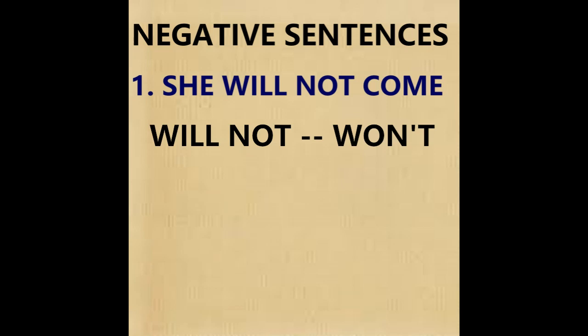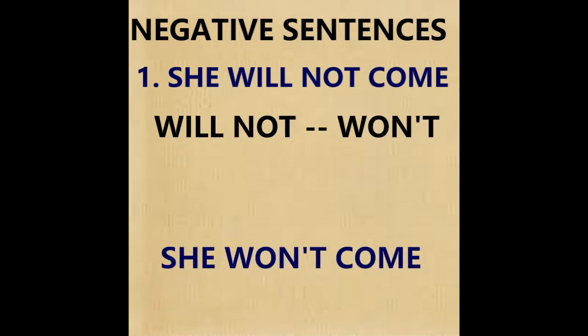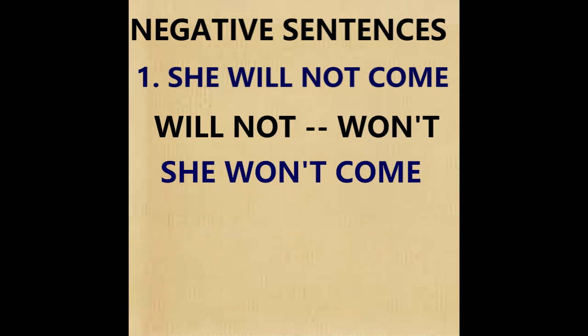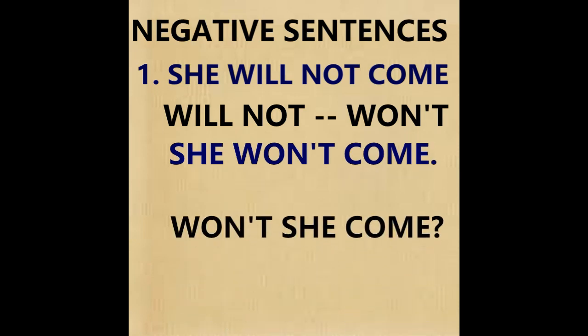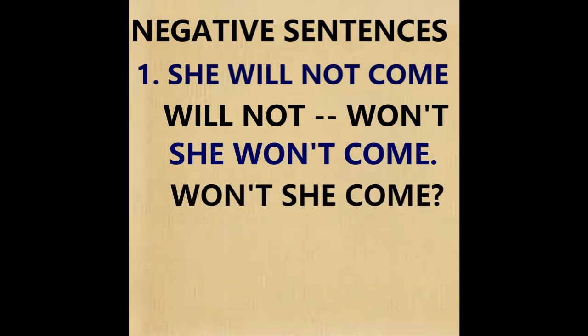Can plus not, can't. So here the sentence is she won't come, and this is a negative sentence. Now, same as before, you have to take that won't in the beginning. Won't she come? Now this is the negative question. Won't she come?